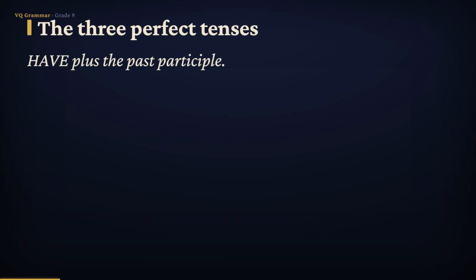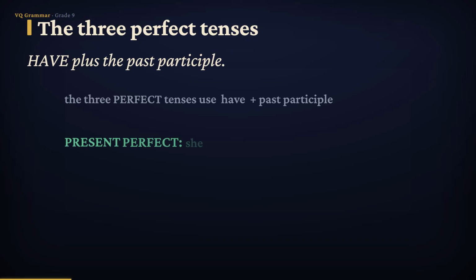Now the other 3, the perfect tenses. Each of these is built the same way, a form of the helping verb have plus the past participle, which for our verb is painted. Present perfect. She has painted, an action finished at some indefinite time before now, or one that began and is still going. Past perfect.